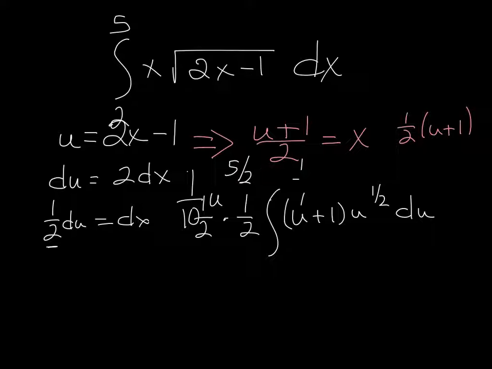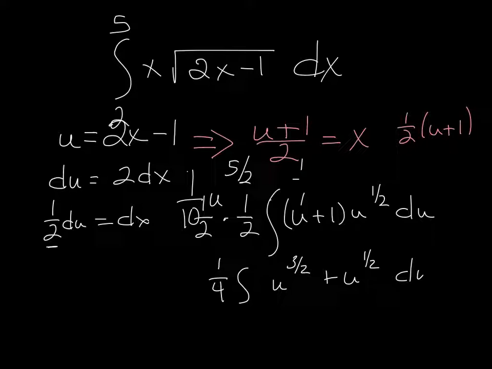Now all I have to do is distribute the u to the 1/2, and I can integrate that problem. So we'd have 1/4 times u to the 3 halves plus u to the 1/2 du.